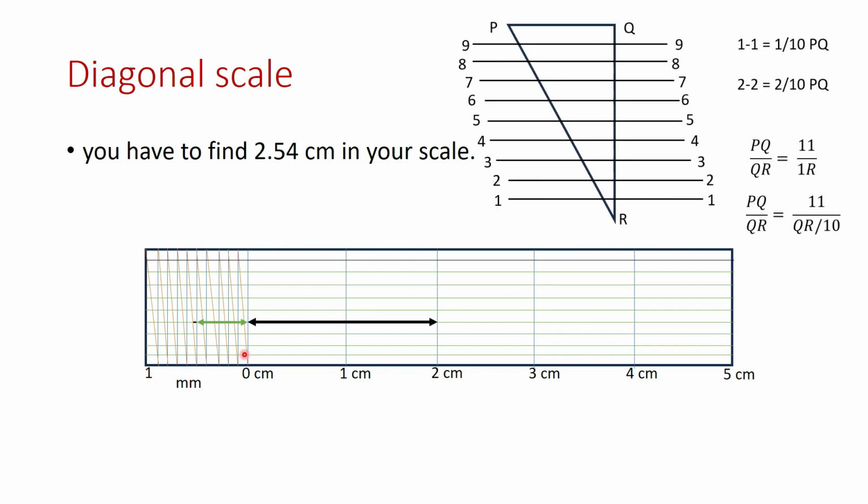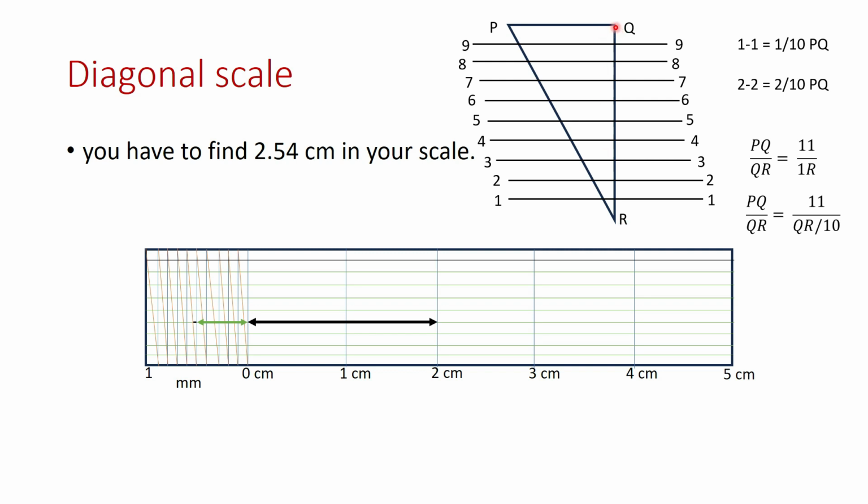Now come to this triangle PQR. Here PQ by QR is constant, by using the triangle principle. Similarly, this 9 divided by 9R will be constant, similar to PQ by QR. Similarly, this 8 divided by 8R is equal to PQ by QR by using the triangle principle.